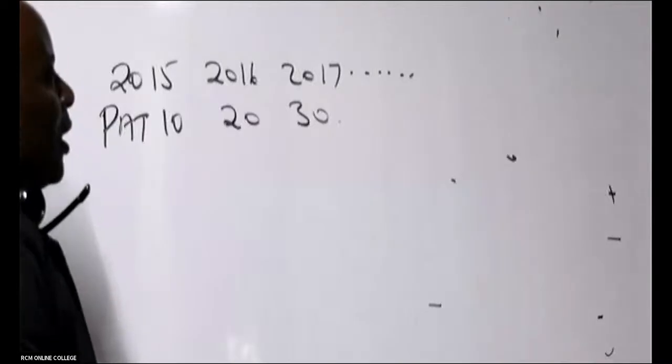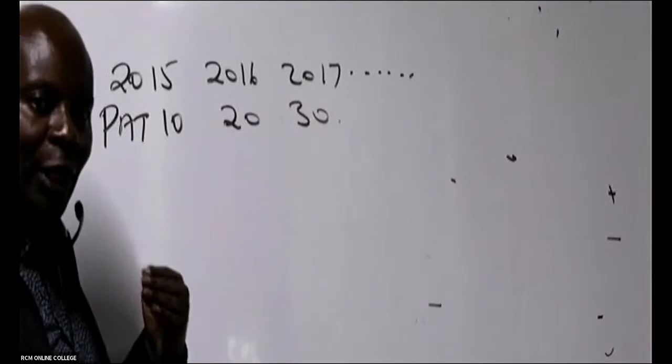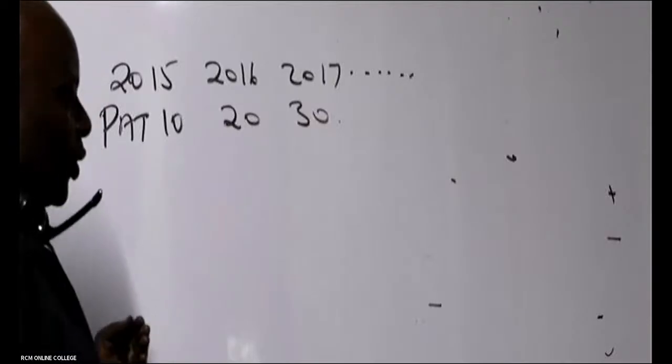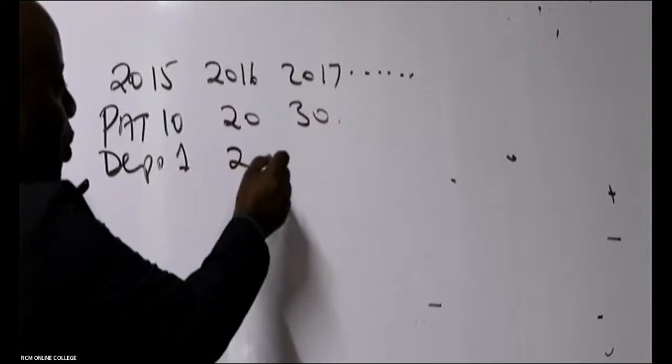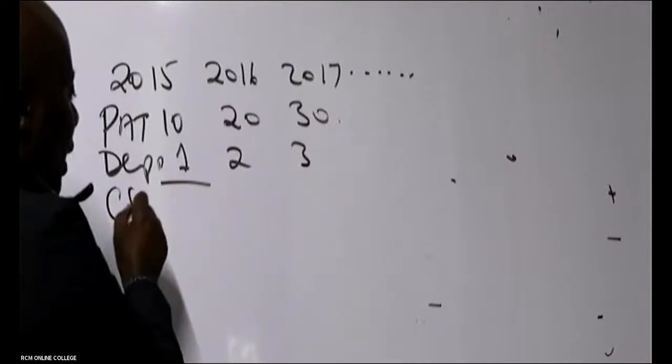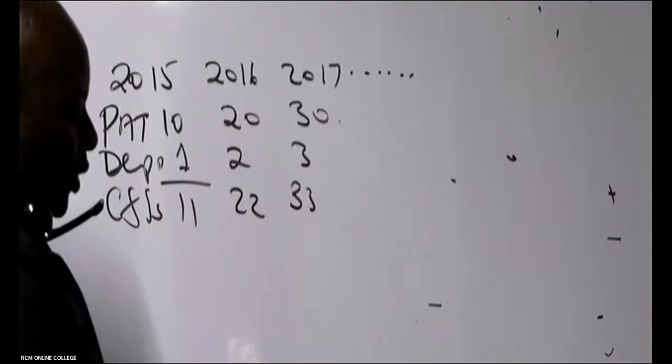To get cash flows from profit after tax, please add back any non-cash items. In most cases, you add depreciation, so you have 1, maybe 2. Then you'll be able to get your cash flows: 11, 22, 33, etc.